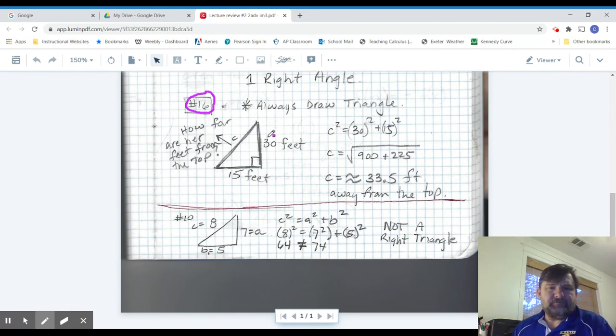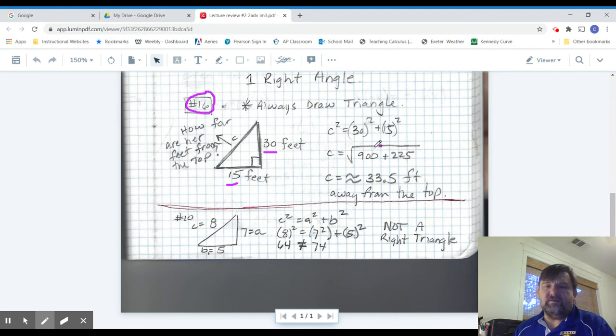So it doesn't really matter in general. I have one side is 30. I have one side is 15. I have a right triangle, so I can always utilize this theorem. So we just plug it in. C squared equals 30 squared plus 15 squared.